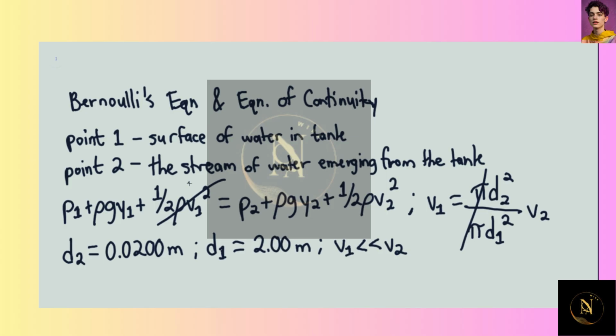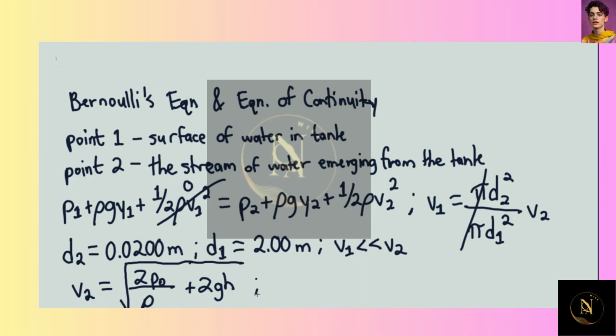This term can be set to 0. And so given this, v sub 2 would equal the square root of 2 times p naught divided by rho, plus 2gh.